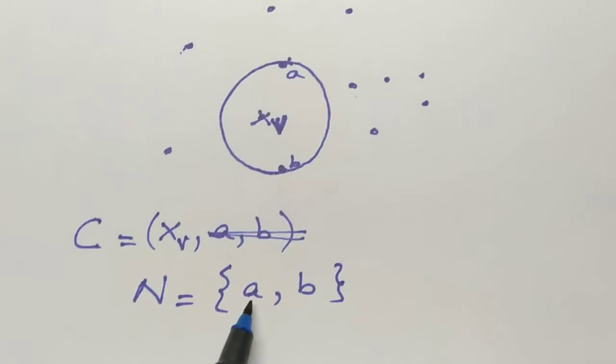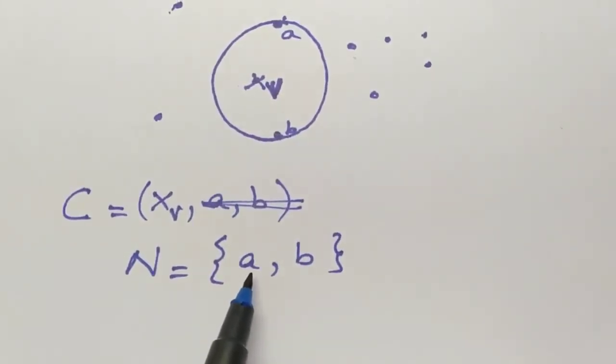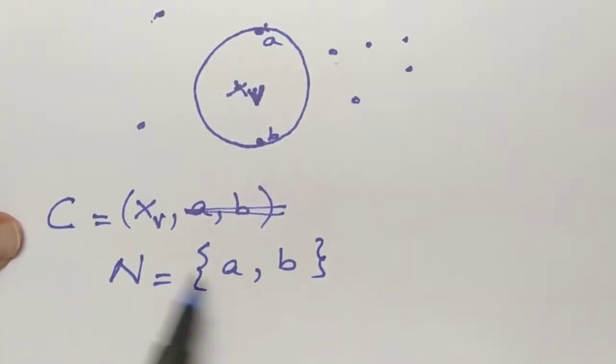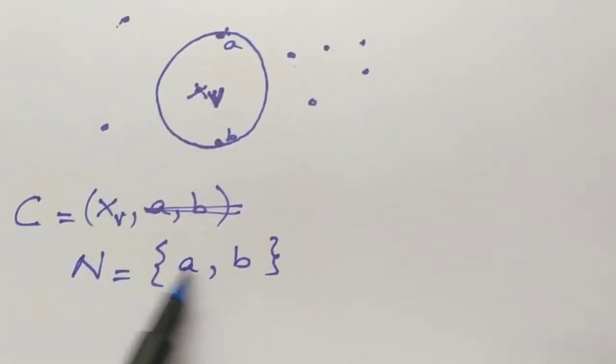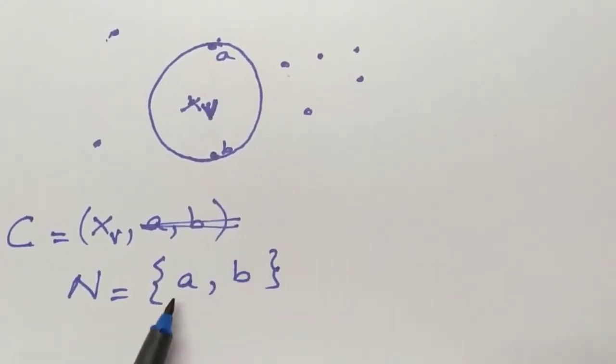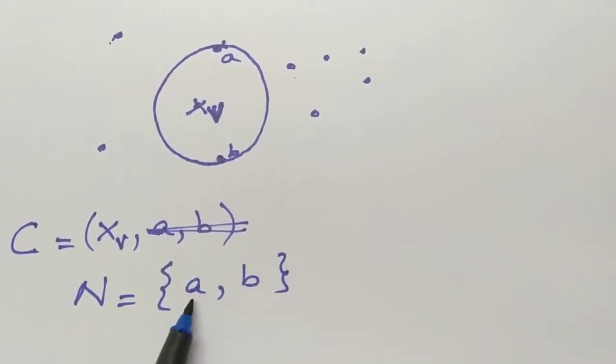And then again we have to take each point inside this N and check whether these points are already visited.